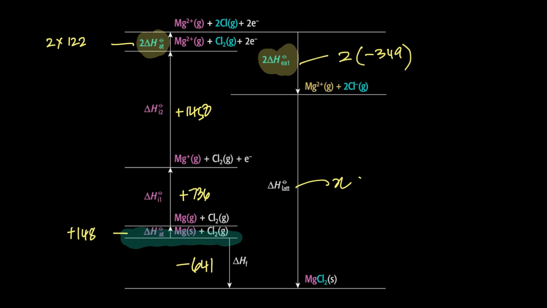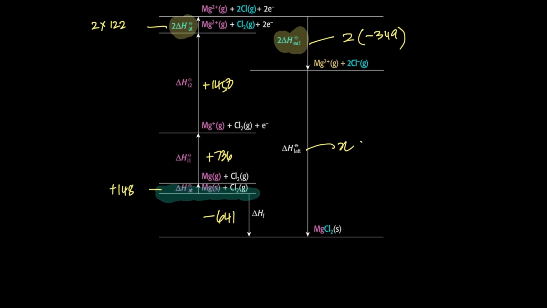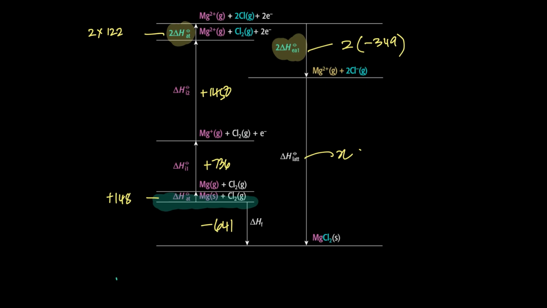So here the math comes out to be what? If I just zoom out a little bit and write it here, it'll be 148 plus 736 plus 1450. That's the metal.